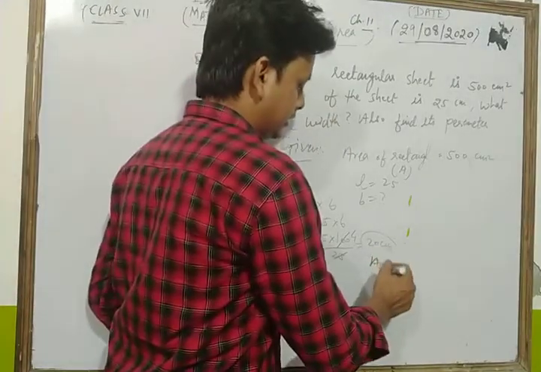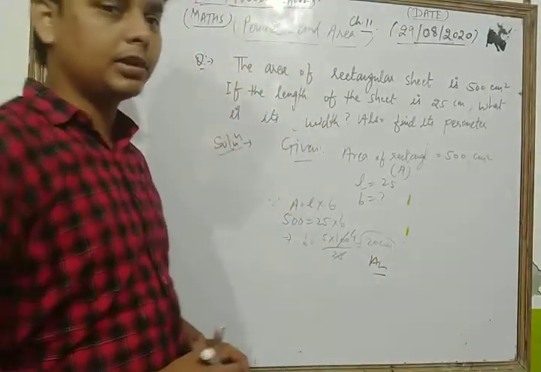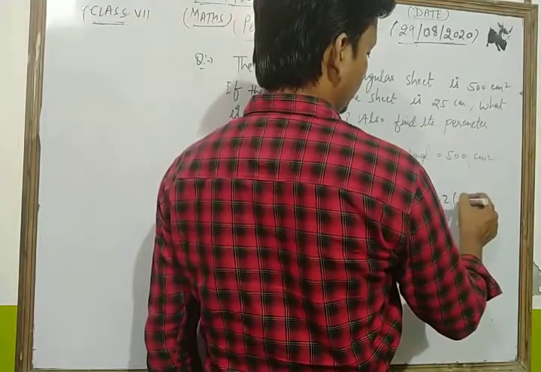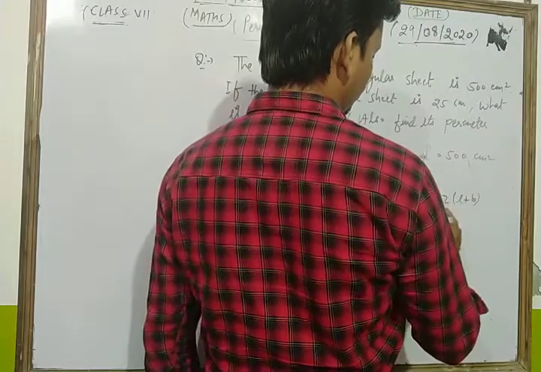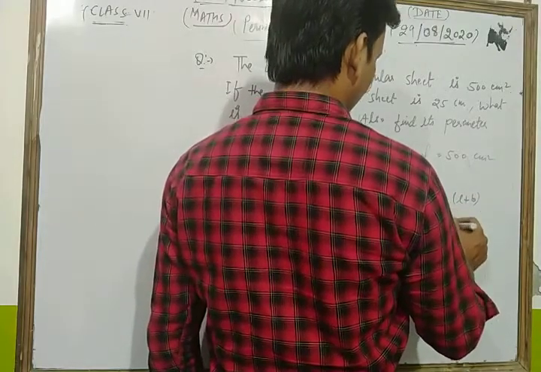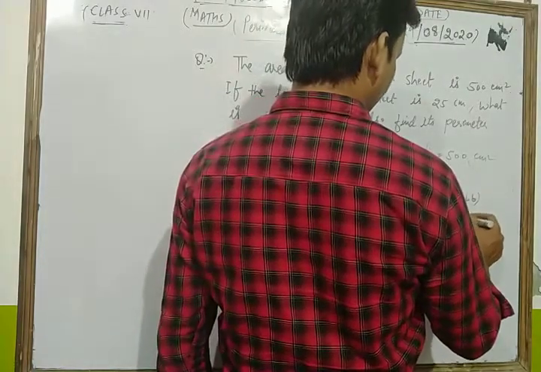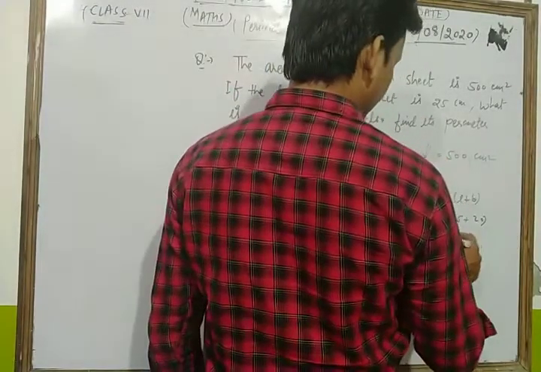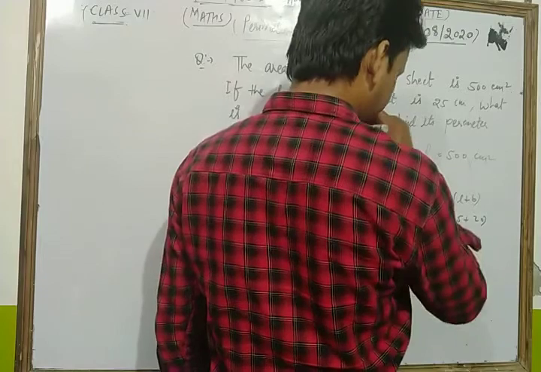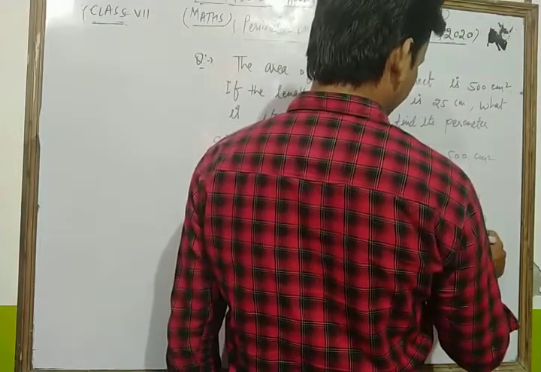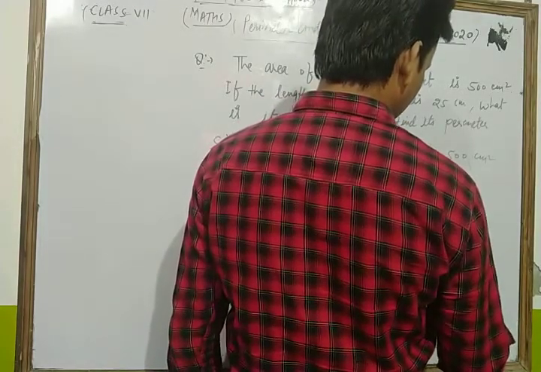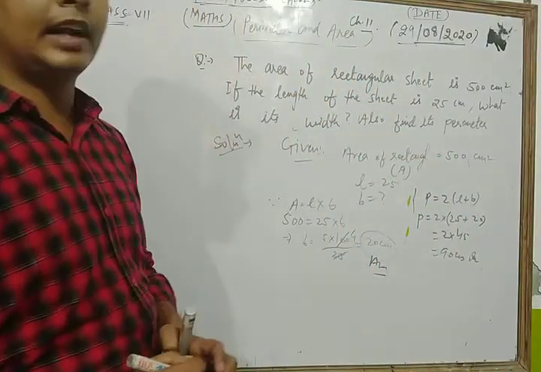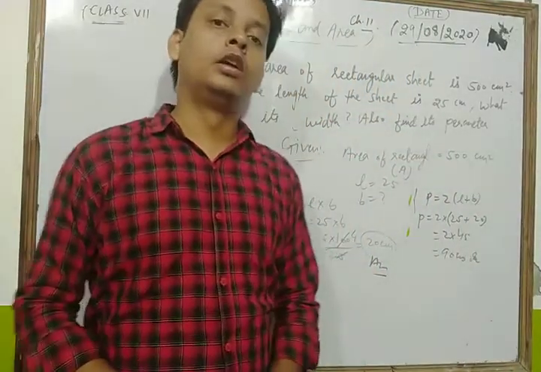This is one answer. Now we also find its perimeter. Dear student, the perimeter of a rectangular sheet is 2 into (L plus B). Now we put the value of L, which is 25, plus the value of breadth, which is 20. So we get 2 into 45, which is 90 centimeter, which is your answer.